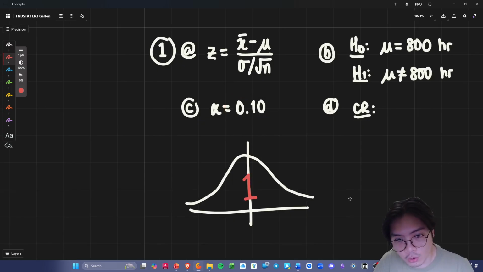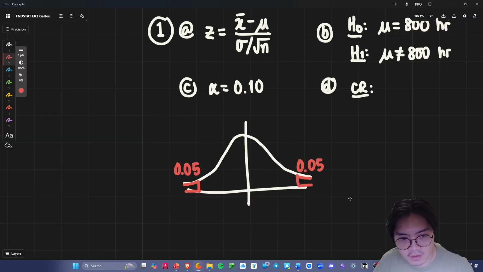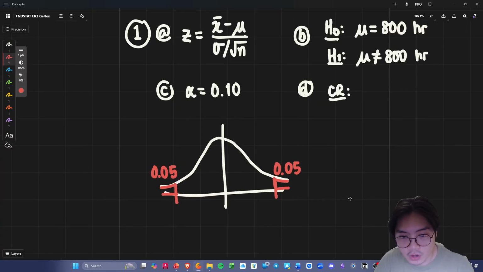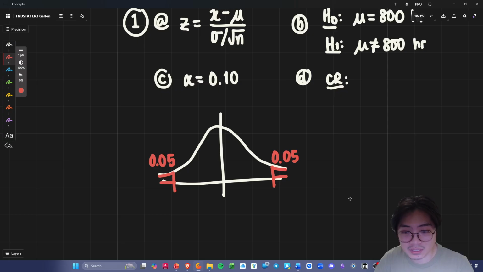We know that all of the area under this bell curve is 1, or 100 percent. 10% means 5% on both sides: 0.05 on the right side and 0.05 on the left side. What we're now going to do is ascertain where that is.